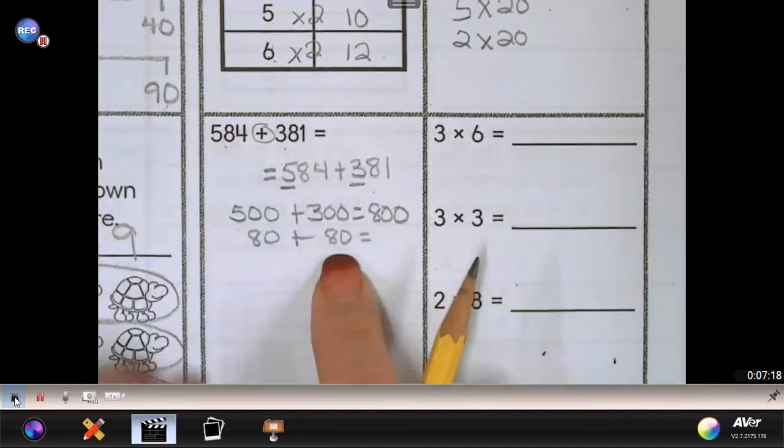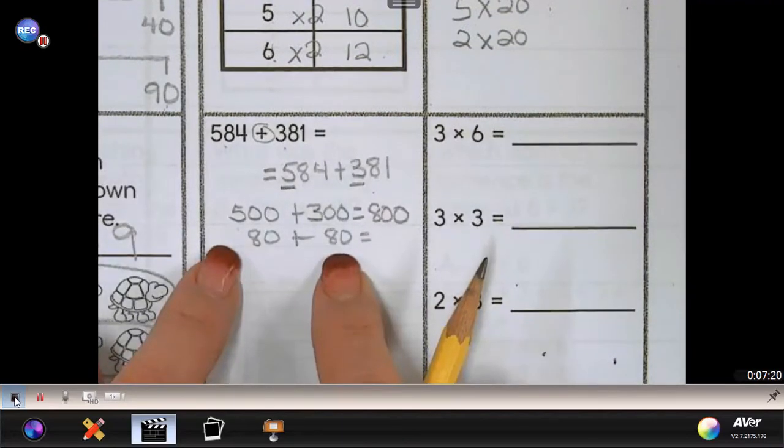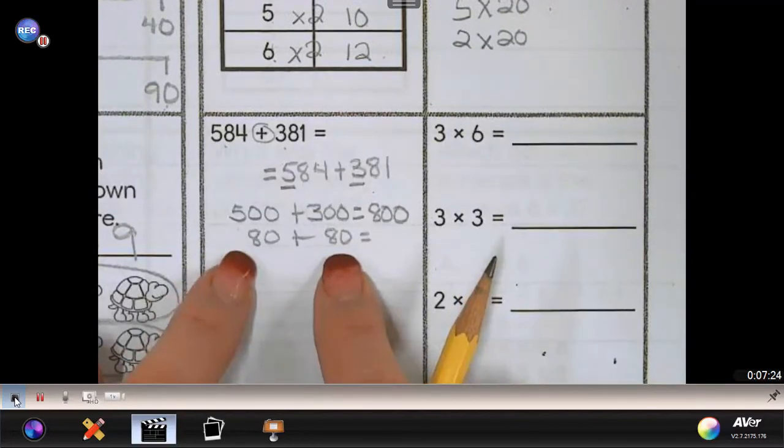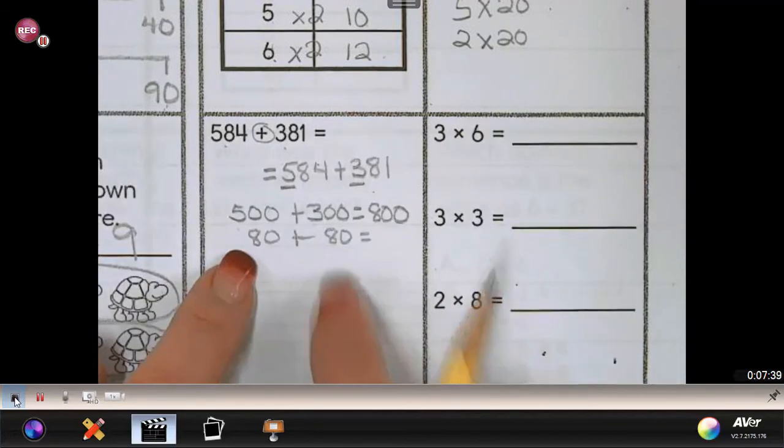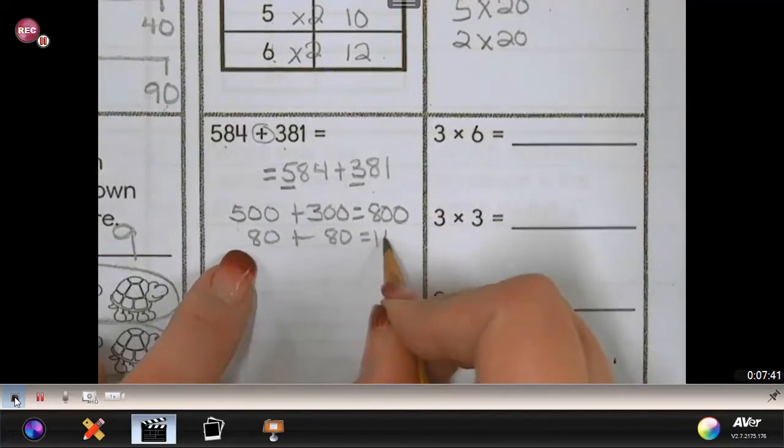Now, remember, just like 8 and 8, 8 and 8 is 16. So if I have 80 and 80, and if I think about 50 and 50, 50 and 50 is 100. 60 plus 60 is 120. 70 plus 70 is 140. 80 plus 80 would be 160.